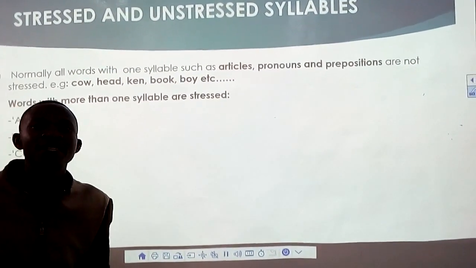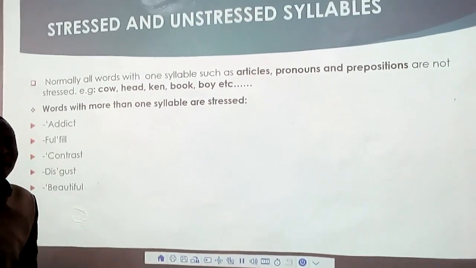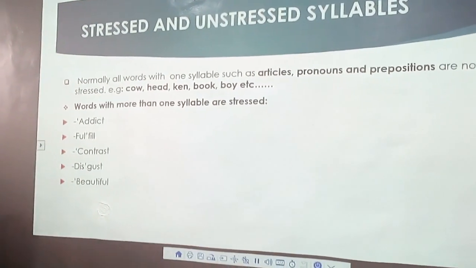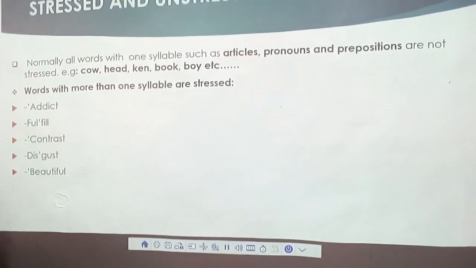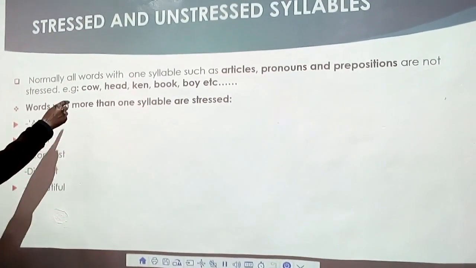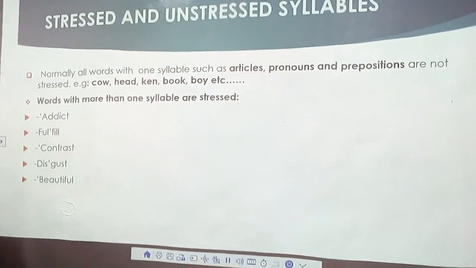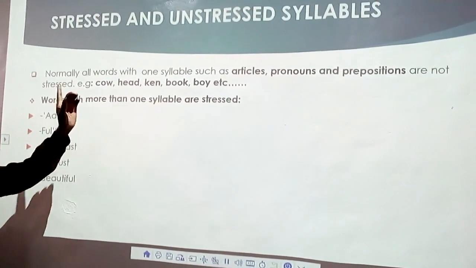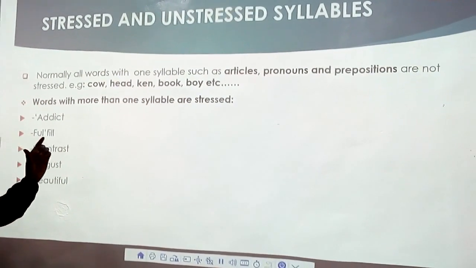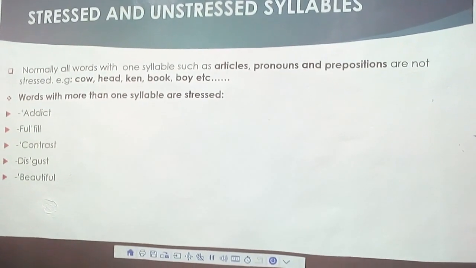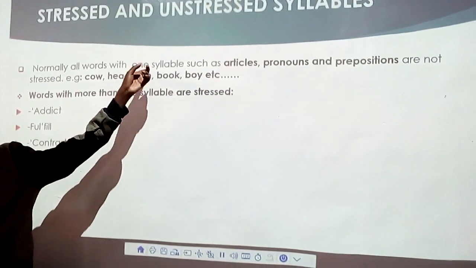They remain as they are. Okay? Let them as they are. Example here. You have seen cow. A cow. Of course, you cannot use a stress. You let it as this because it is made up of one syllable.